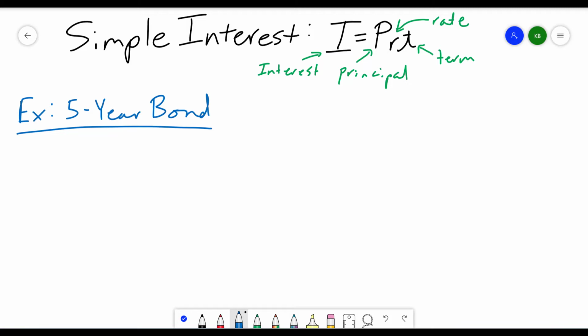So one of the ways that simple interest gets applied, it happens with bonds fairly regularly. So with bonds, what's going to happen is you're going to have a certain amount of money that you're going to put in. There's going to be what's called a face value. So say we have a face value of $2,000.